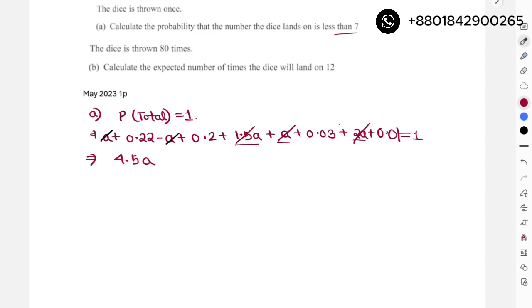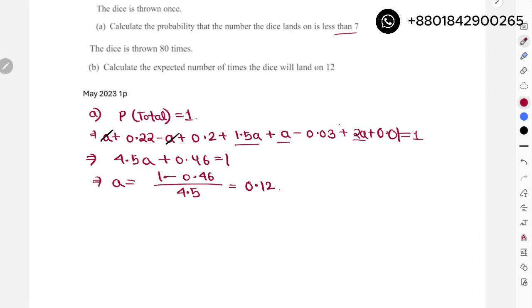In that case you get 0.46, so 4.5A plus 0.46 equals 1. So you get the value for A as 1 minus 0.46 over 4.5, and that is 0.12.